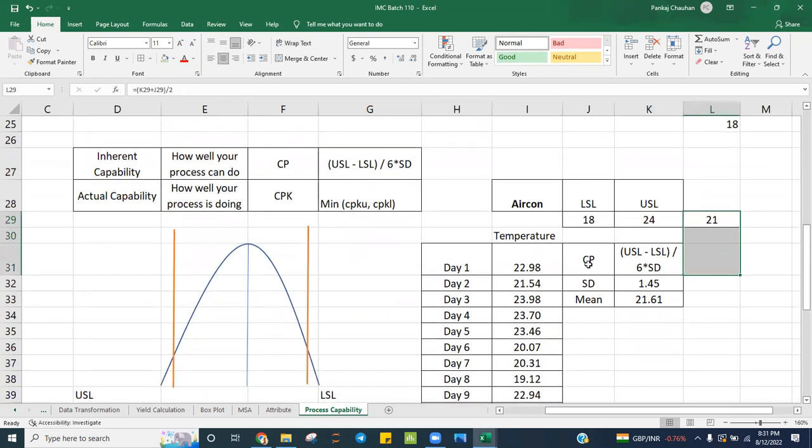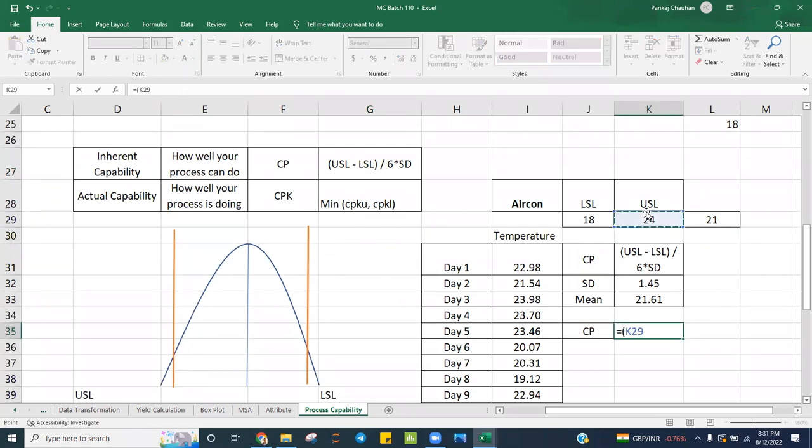Now let's calculate the CP. CP is USL, which is 24, minus LSL, which is 18, divided by 6 times the standard deviation, which is 1.45. The CP value is coming 0.69.